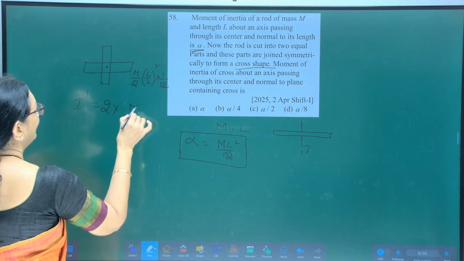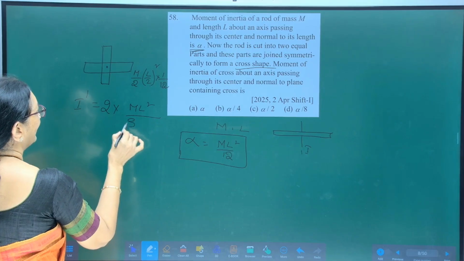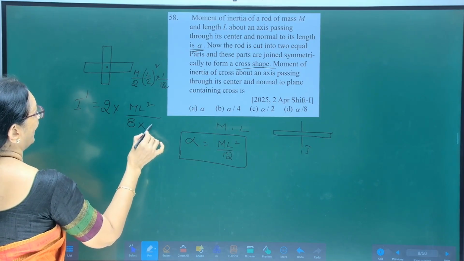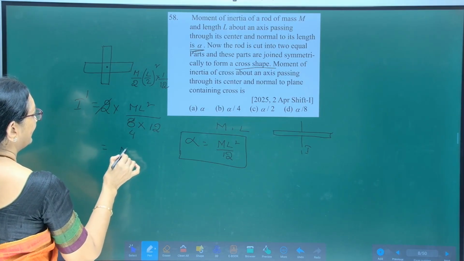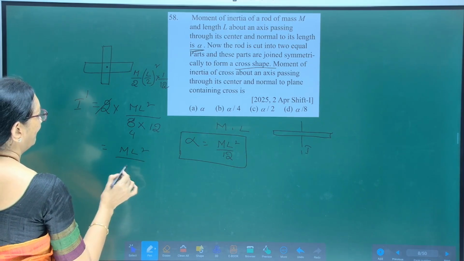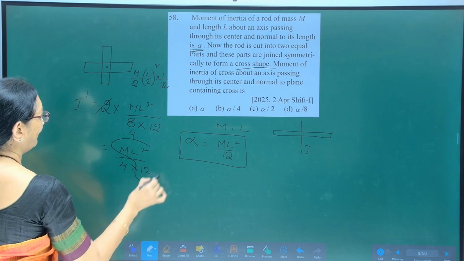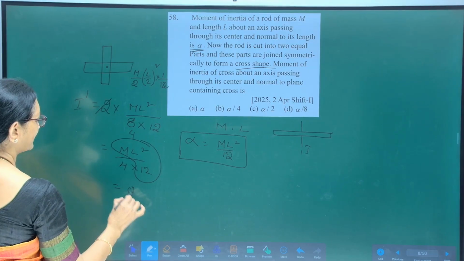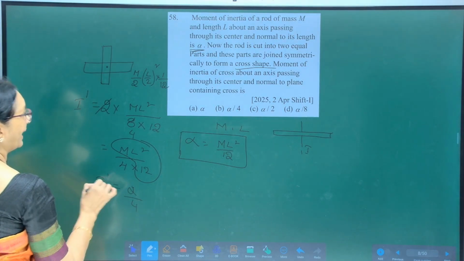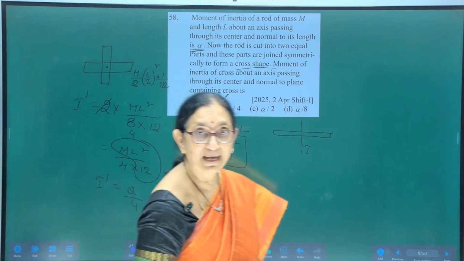So, m L square, 2 4s are 8, 8 into 12, right. So, 4 gets cancelled, this is ml square by 4 into 12. But ml square by 12 is given as alpha. So, I dash is equal to alpha by 4.